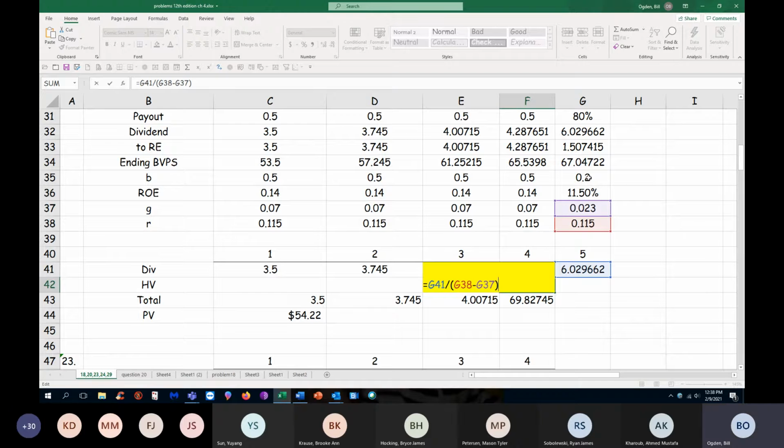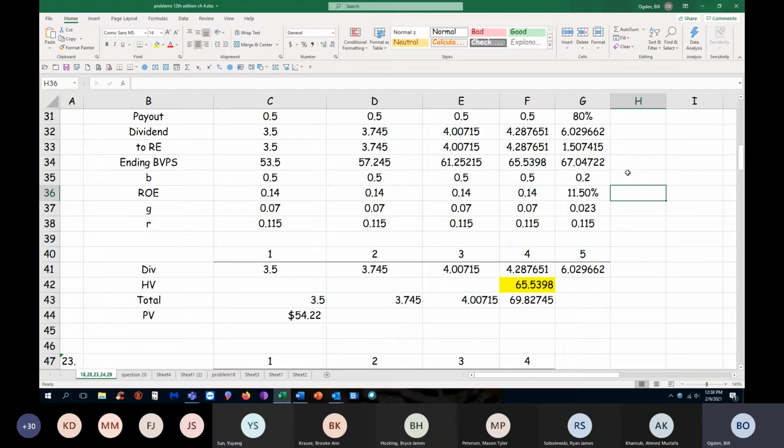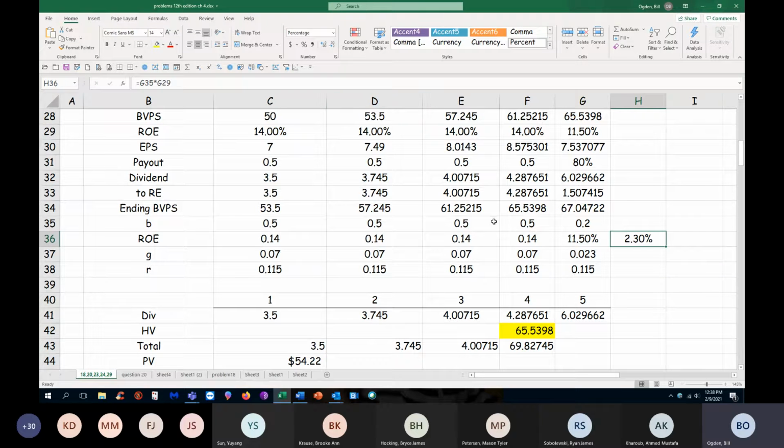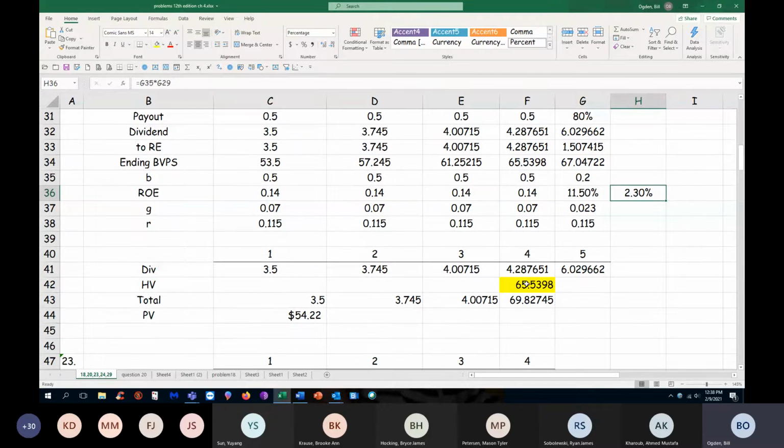So therefore, the growth rate, B times ROE, is just 2.3%. All right, so I can show you that. So you're retaining 20, and your ROE is 11.5. So it gives you a growth rate of 2.3%. And so that's what's in my horizon value.